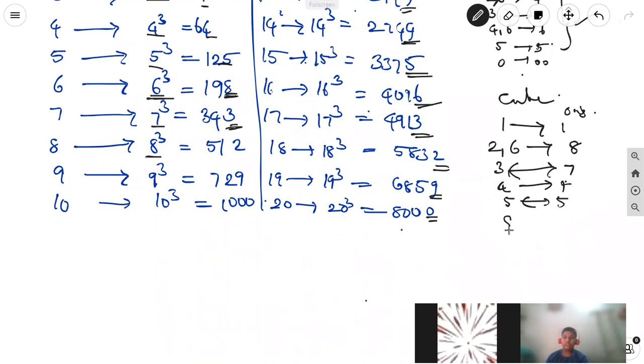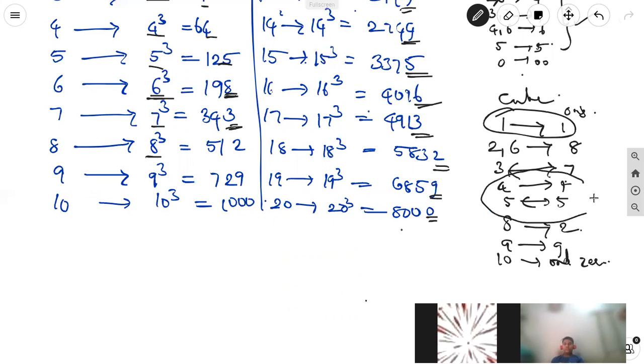For 8, 2 will come. For 9, 9 only. For 0, 0 only. Here, for 1, 1; 4, 4; 5, 5; 9, 9 only. For 2 and 6, we get 8 in the units place. For 3, 7 will come. For 7, 3 will come. For 8, 2 will come.